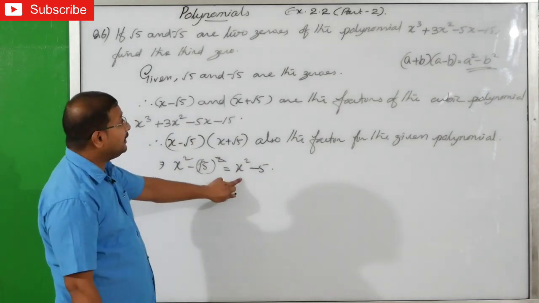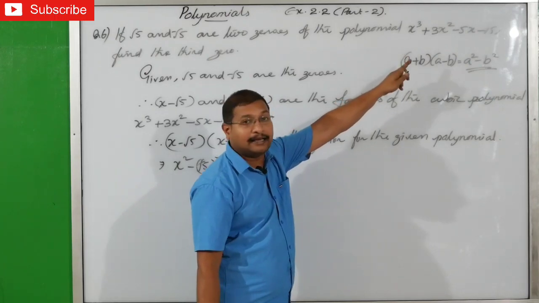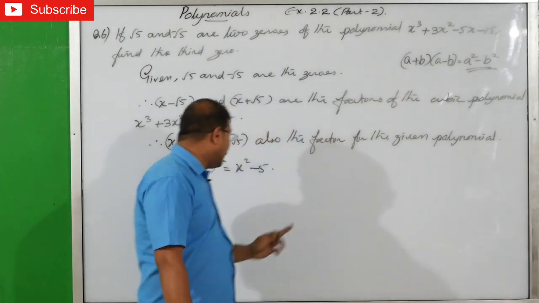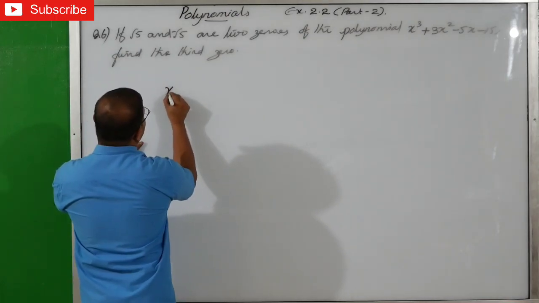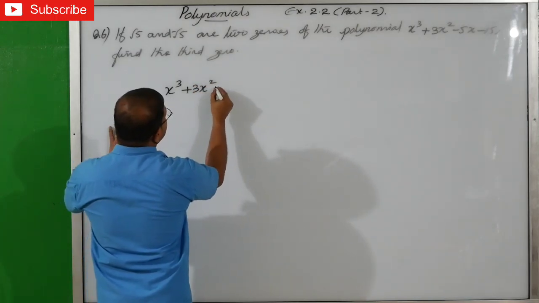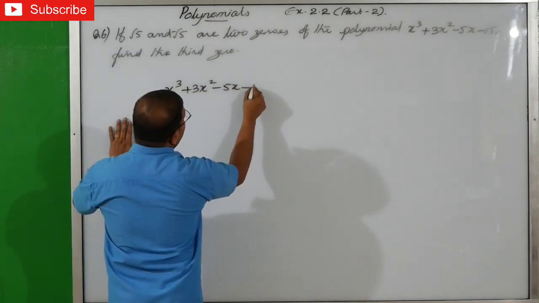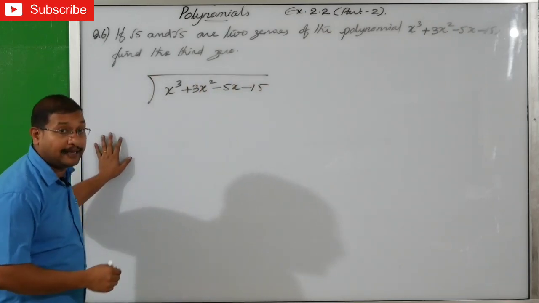That means what you will do? We are going to divide x cube plus 3x square minus 5x minus 15 by this one. So we will divide now. That means first we will write x cube plus 3x square minus 5x minus 15 divided by, what you got while multiplying?